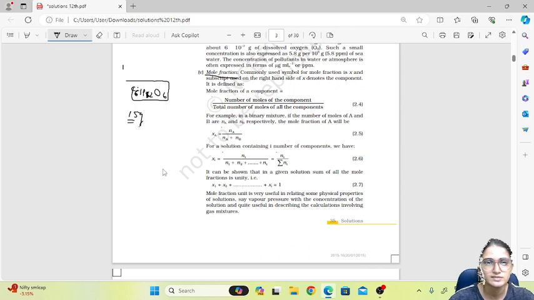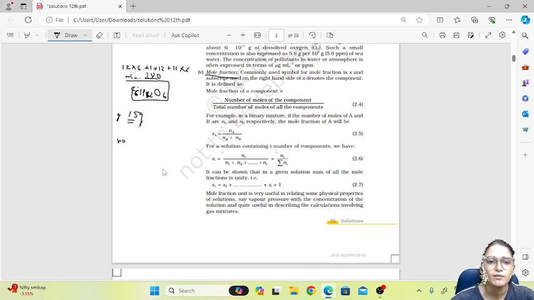So carbon mass is 12 into 6, plus hydrogen is 1 into 12, plus oxygen is 16 into 6. Now add all these components, and this gives the value 180. So the molar mass of glucose is 180, and the given mass is 15.